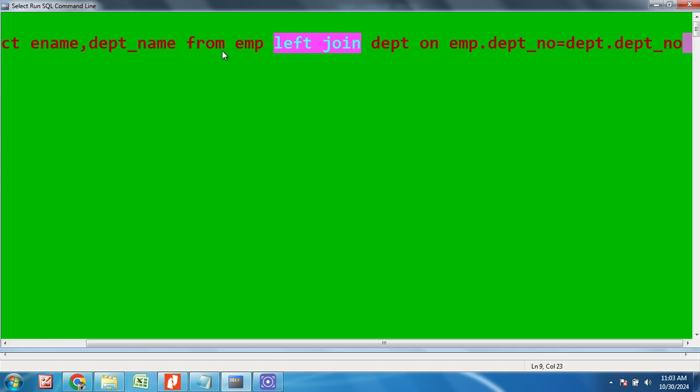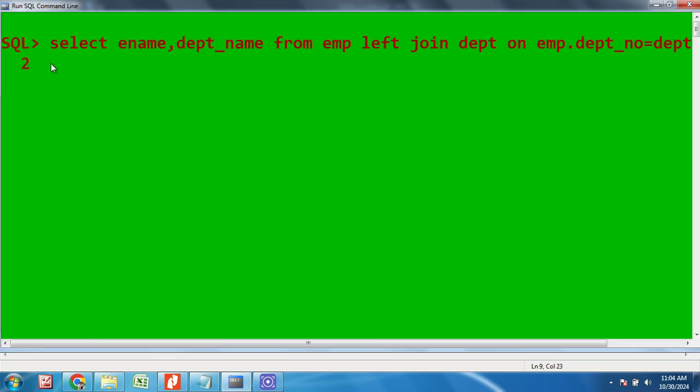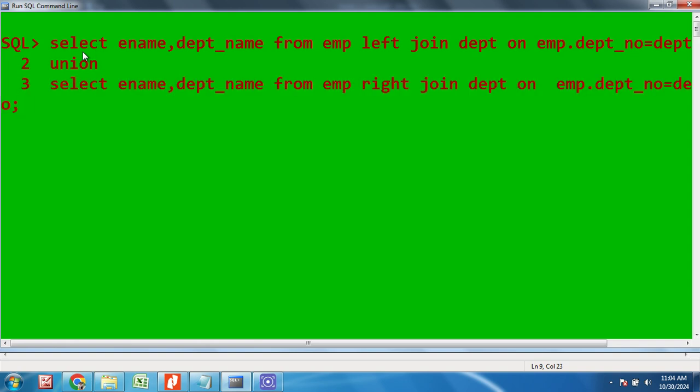So from emp left join dept on emp.dept number equals to dept.dept number, and write union after that, and after that write right outer join. So select ename, dept name from emp right join dept. Here I am using right join dept on emp.dept number equals to dept.dept number.